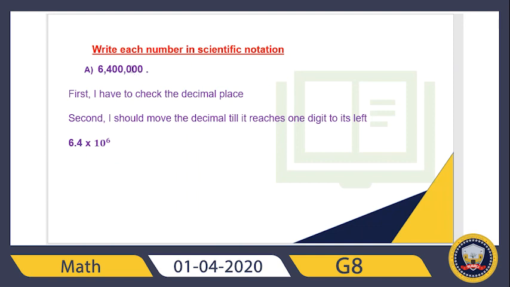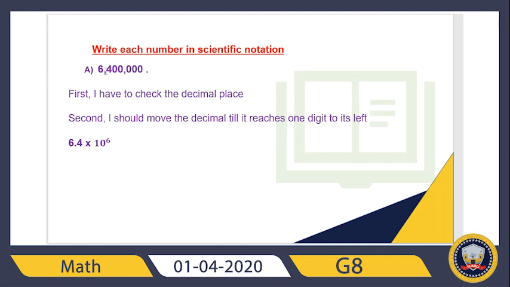So I will move the decimal point steps to the left until it reaches one digit to the left side of it. طيب يبقى here I will move it to the left side how many steps? ادي 1 2 3 4 5 6 here in this position. The decimal point has only one digit on its left side اهو اللي هو 6.